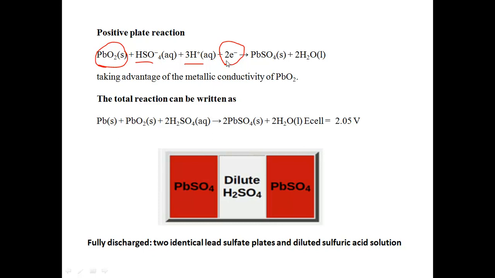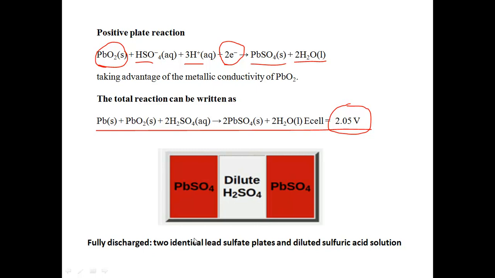It utilizes these 2 electrons to create again lead sulfate, that is spongy lead, and water. And the two equations can be combined like this, and the EMF given is approximately 2.05 volt or 2 volt.